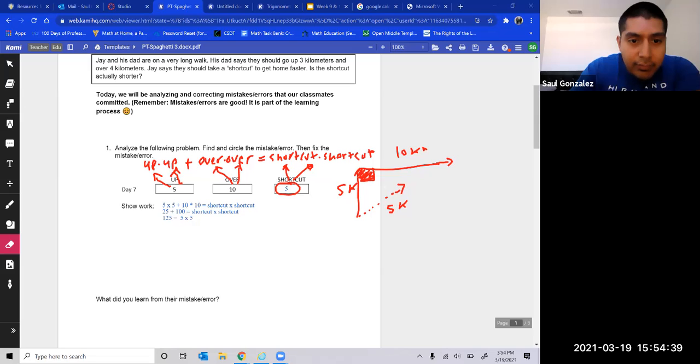And they have, well, 5 times 5 equals 125. I thought 5 times 5 was just 25. So that right here, that's a mistake. So I think what they meant to write is 125 equals the shortcut multiplied by the shortcut.